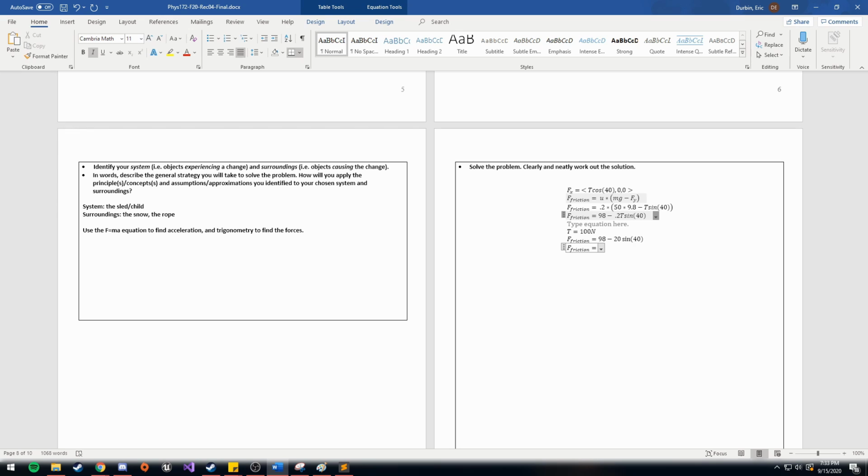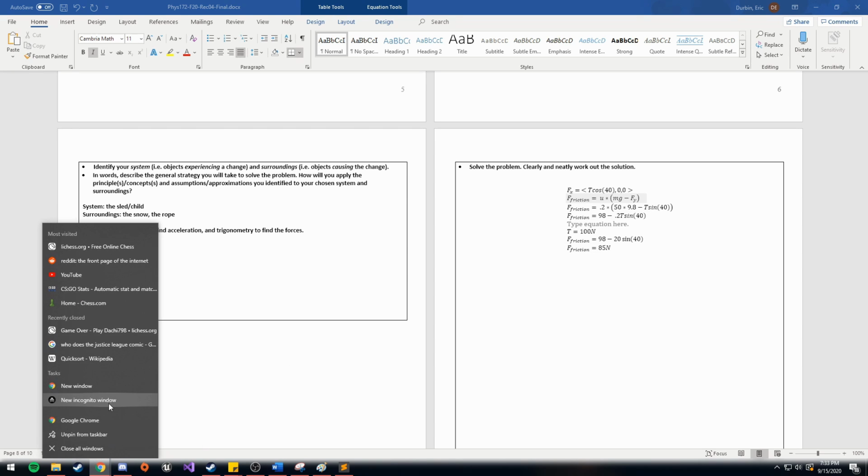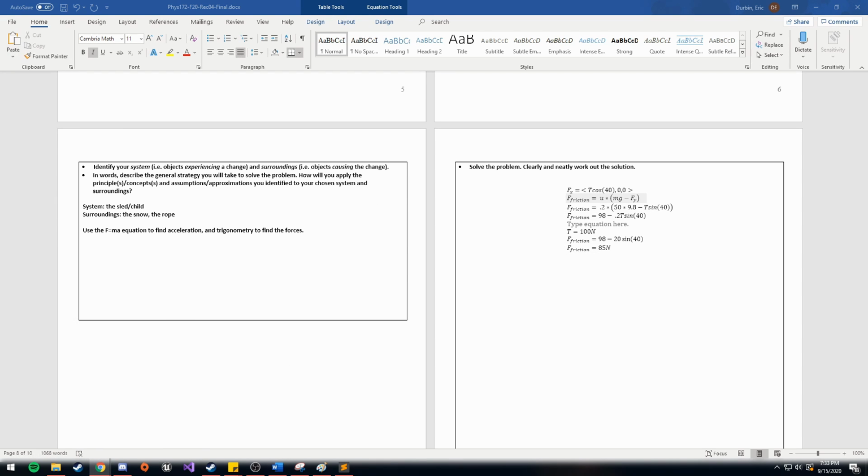That's our gravity, 490, minus T sine 40, which is 64, times 0.15, which is 63.8586.